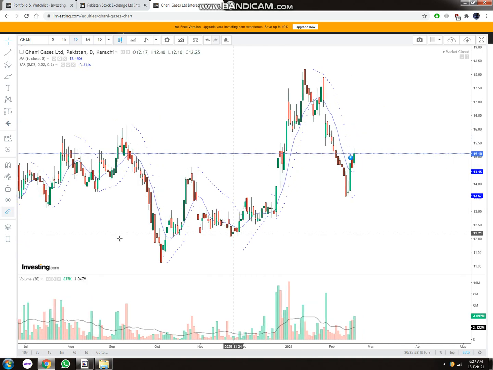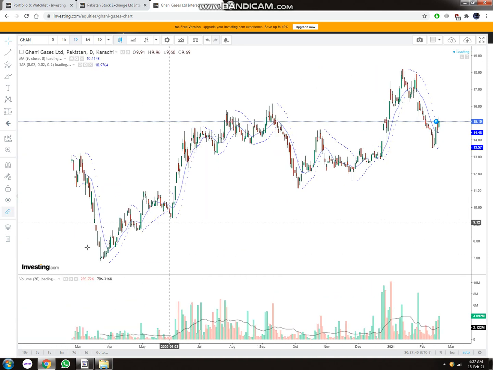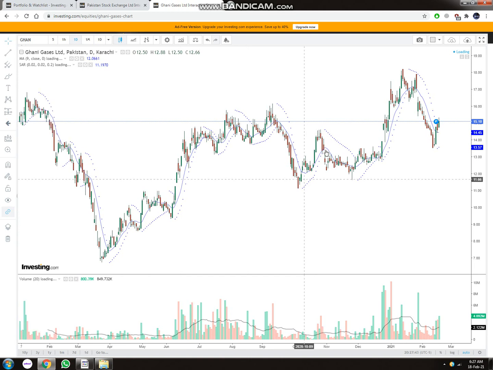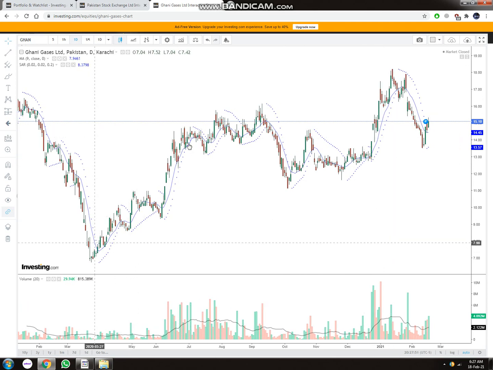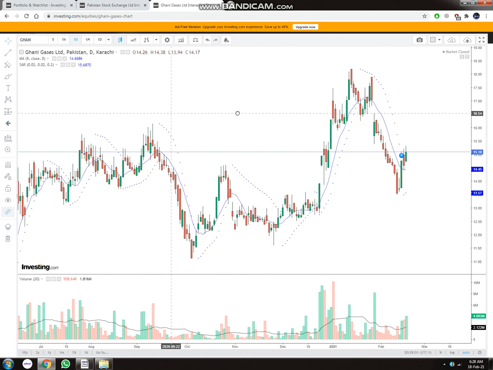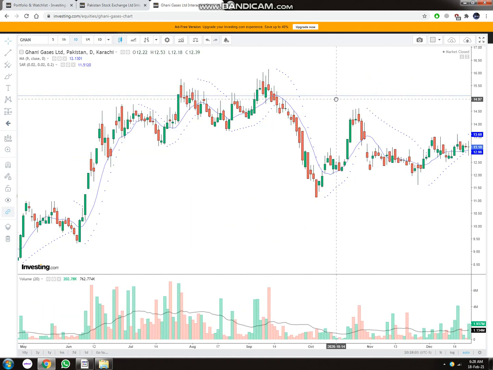Now as you can see, this is a major trend: an uptrend, sideways trend, again a bit of correction, sideways trend, and then an uptrend. In these trends, if you enter at any level, how do you cut your losses at any level and run your profits?